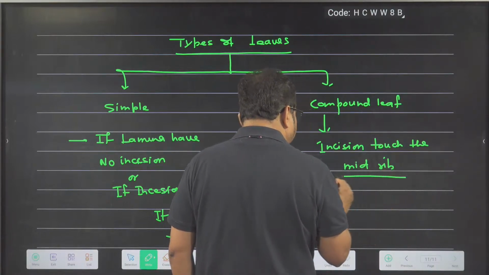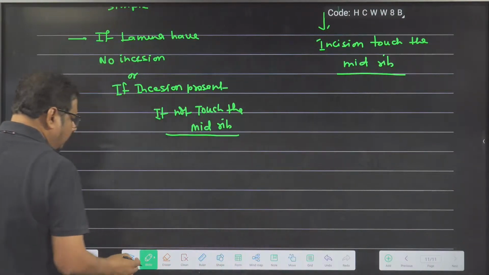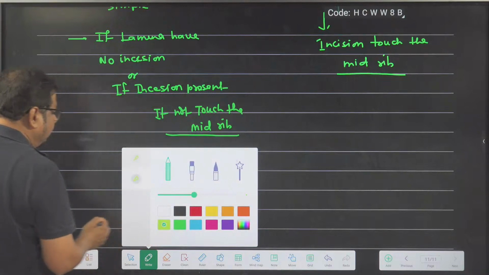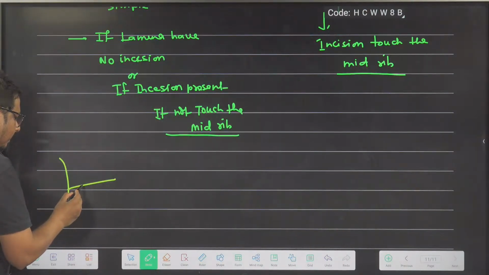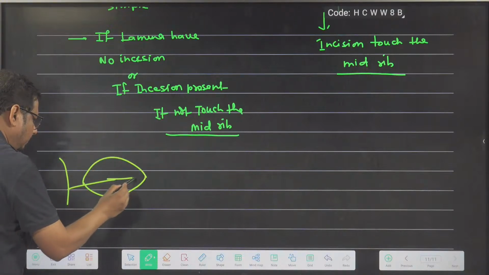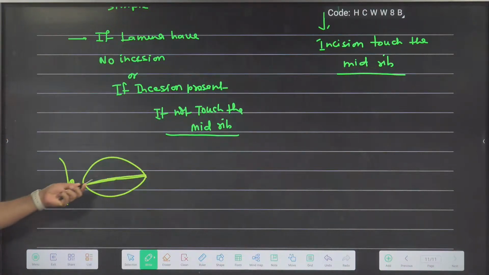Try to understand with the help of example. I am drawing some leaf. Your duty here is to say either it is simple or compound. So this is a leaf. If it is like this, is it a simple leaf or compound leaf?